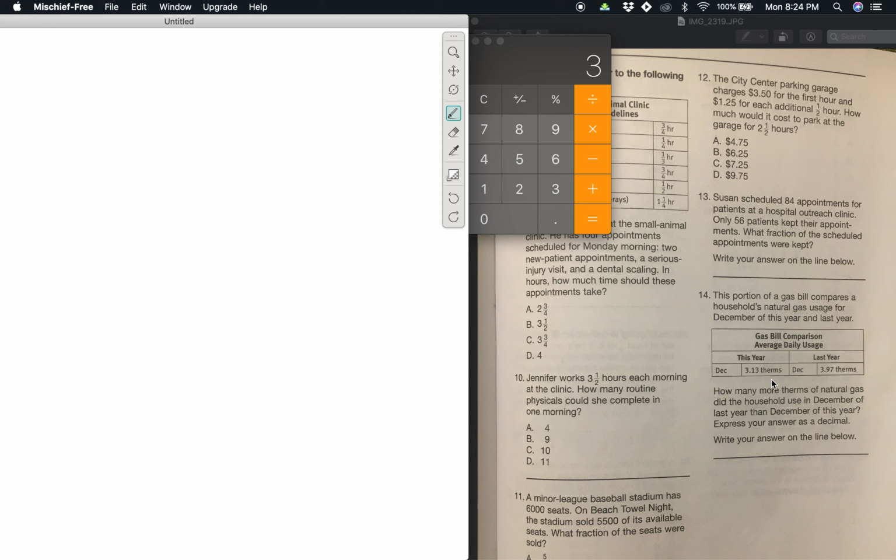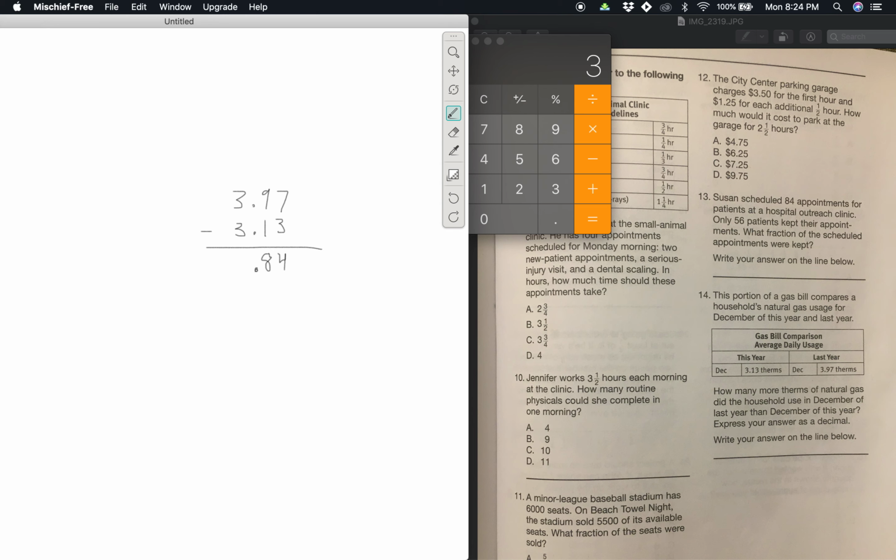So last year we used 397. This year we used 313. So to find the difference, you always subtract. Okay? So 397 minus 313. 7 minus 3 is 4. 9 minus 1 is 8.